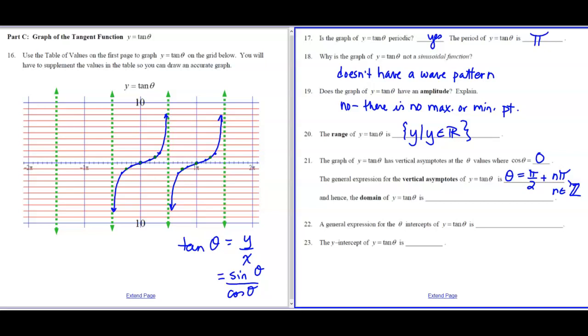For the domain then, it's everything except those values. So now we put theta not equal to pi over 2 plus n pi, and n is an integer, and theta is a real number.